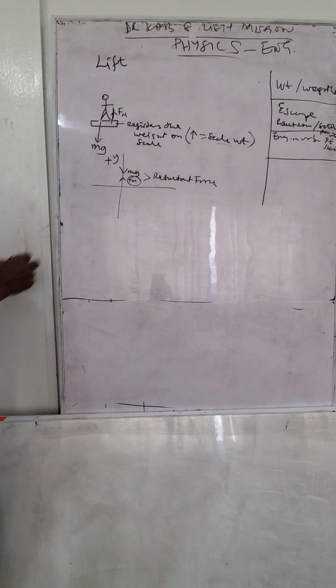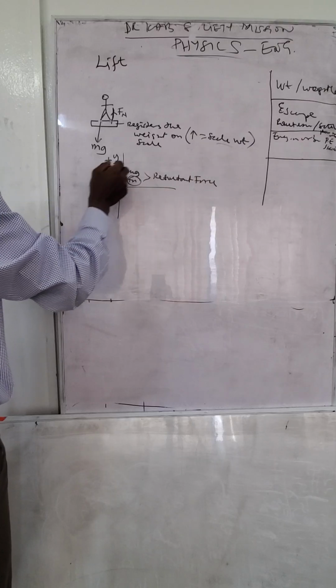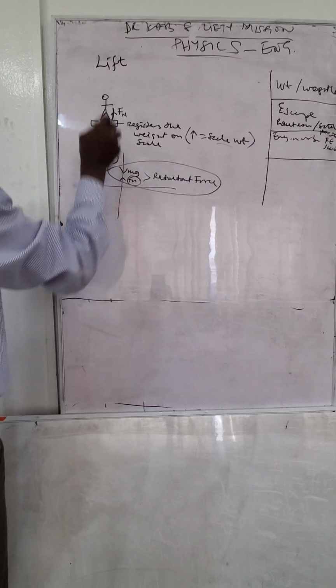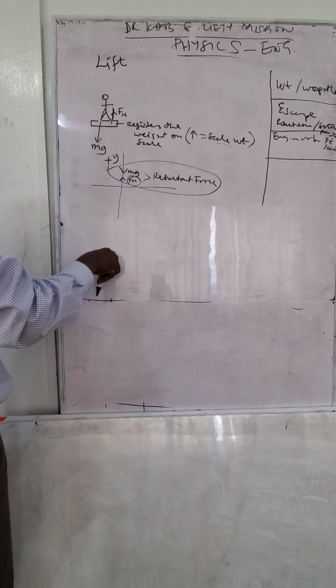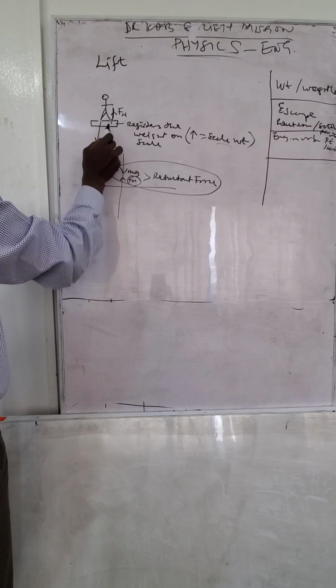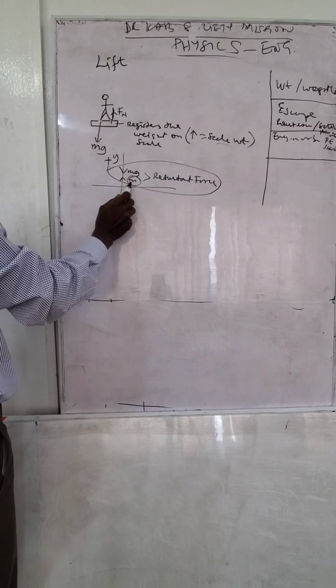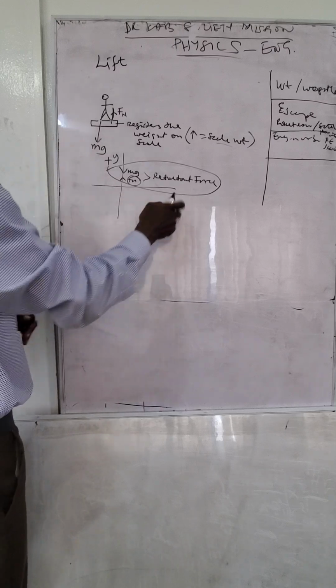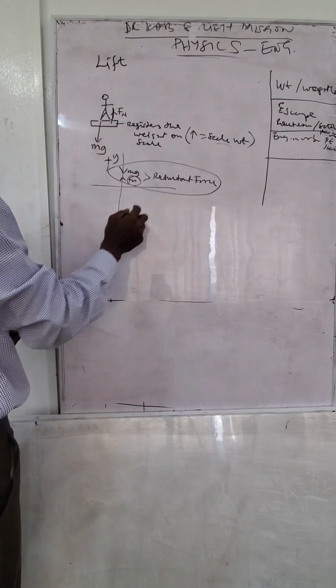So from here, you can set up an equation for this scenario. Your body exerts mg downwards, and the surface of this lift base also exerts a force Fn against your feet. The two forces will come out with the resultant force. So this is how the equation will be.